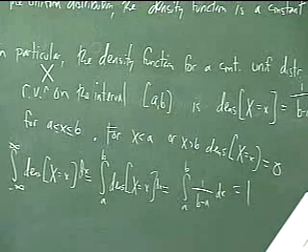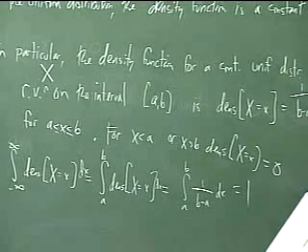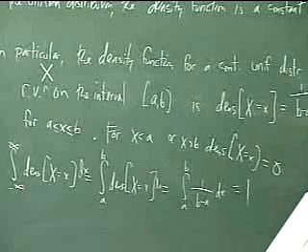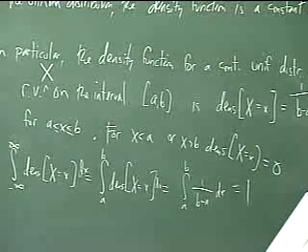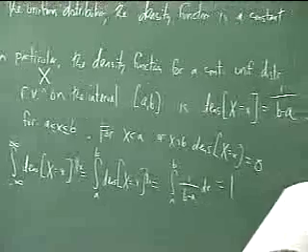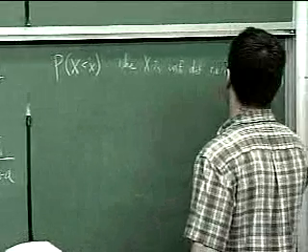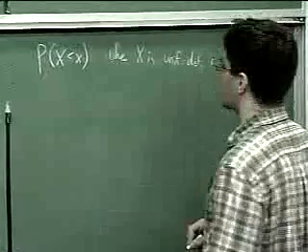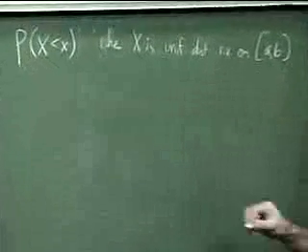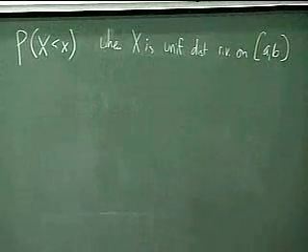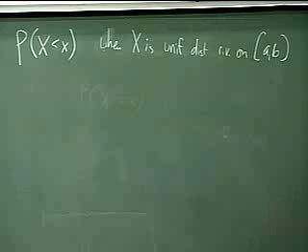Okay? What about the probability X less than x, where X is a uniformly distributed random variable on ab? What does it equal for x less than a? 0. Yeah.